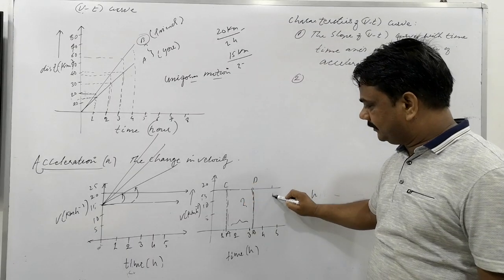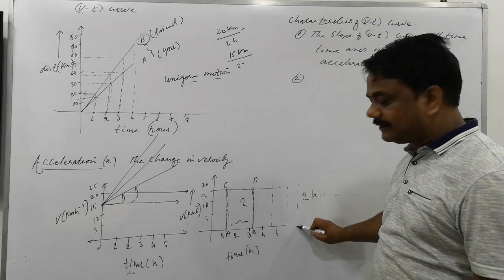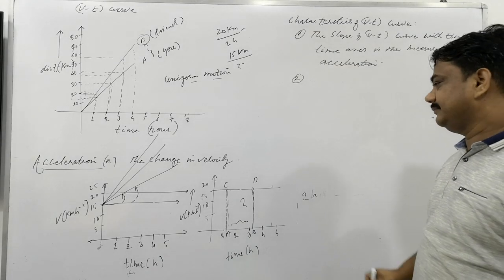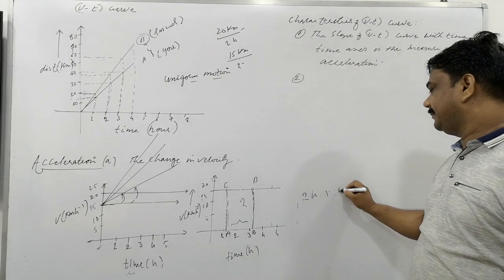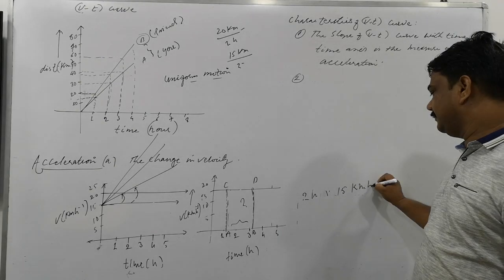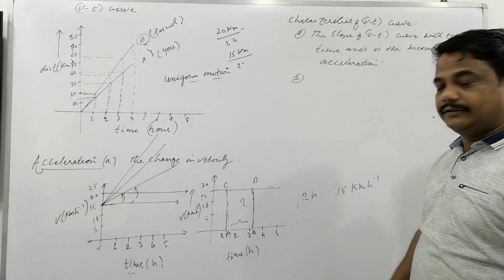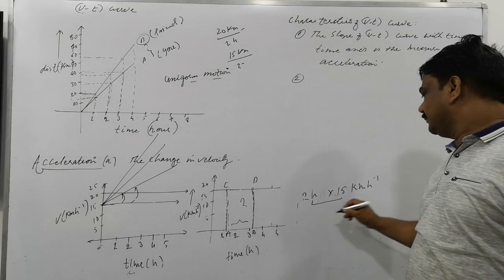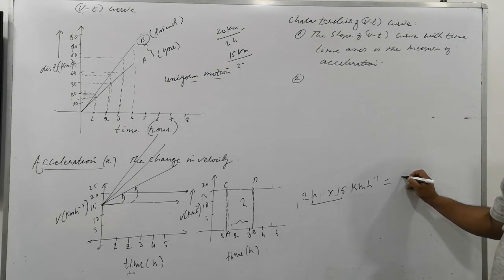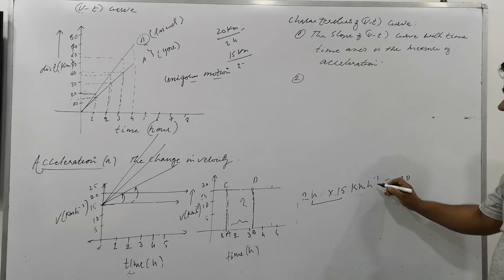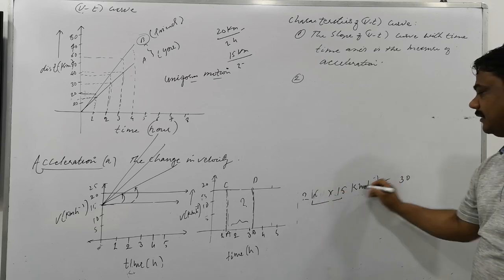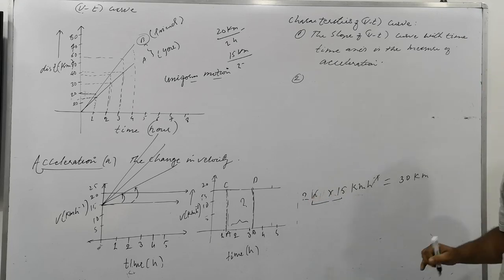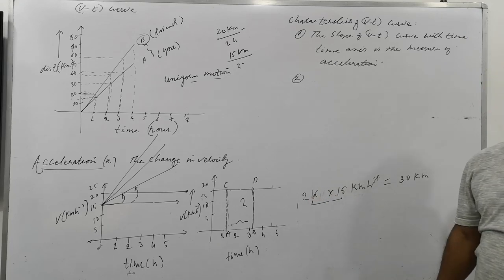And what is this vertical quantity called? Velocity. All vertical lines will be the same here. And how much is this speed or velocity? It's 15 kilometers per hour. So if I multiply these two quantities, what will come? 30. Hours cancel, so 15 times 2 is 30 kilometers.